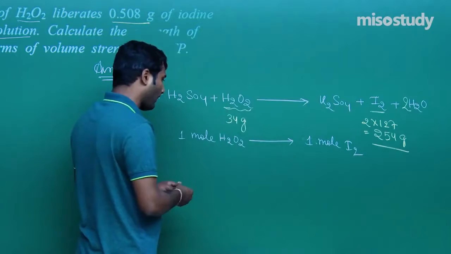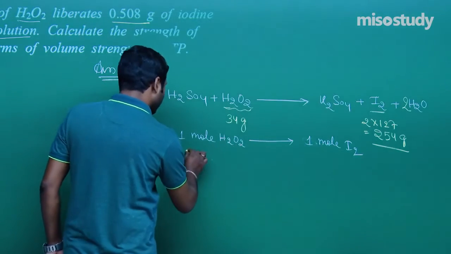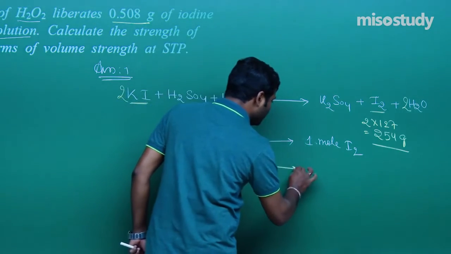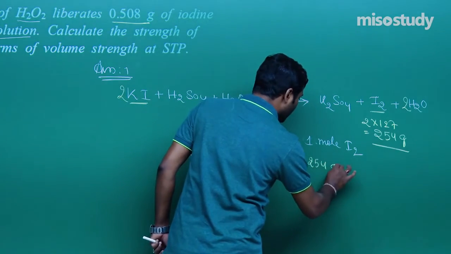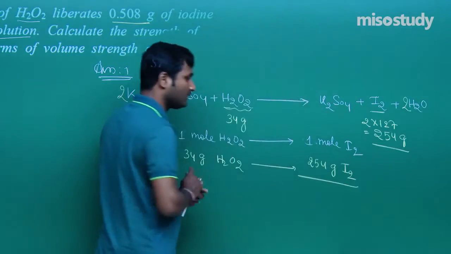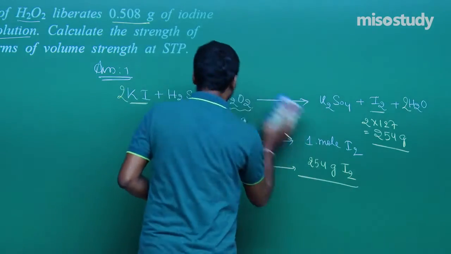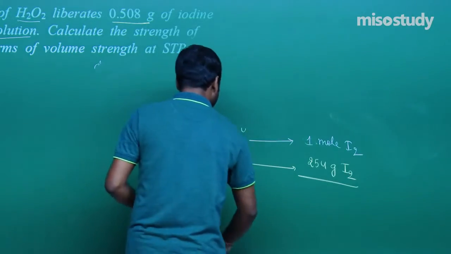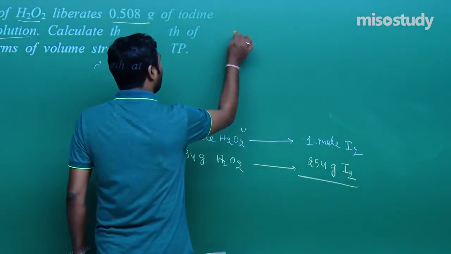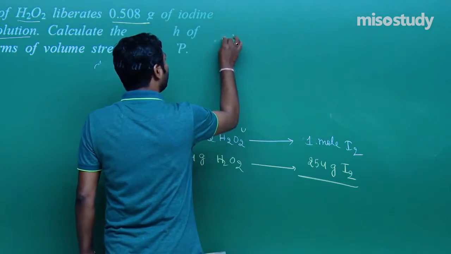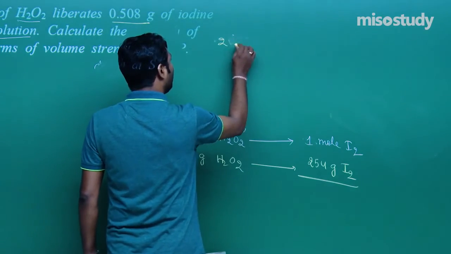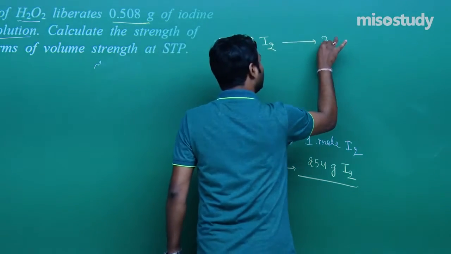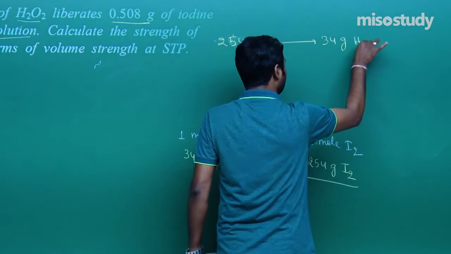So here 34 gram H2O2 gives you 254 gram I2. Clear? So we can say easily that 254 gram I2 comes from 34 gram H2O2.